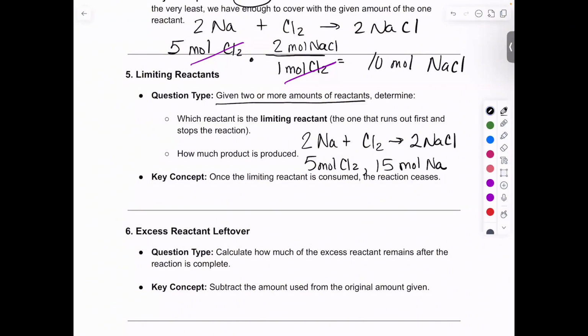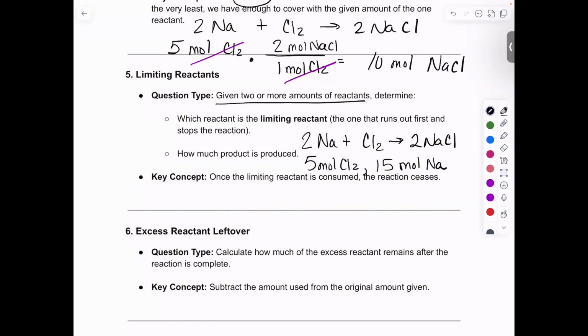I'm throwing these numbers out here. So you've got to recognize first, I have 2 amounts. I need to figure out if one runs out, will I have enough to cover on the other reactant? This one is probably a bit easier. Because it's a 1 to 2 ratio, for every 1 chlorine molecule, I need 2 of the sodium.